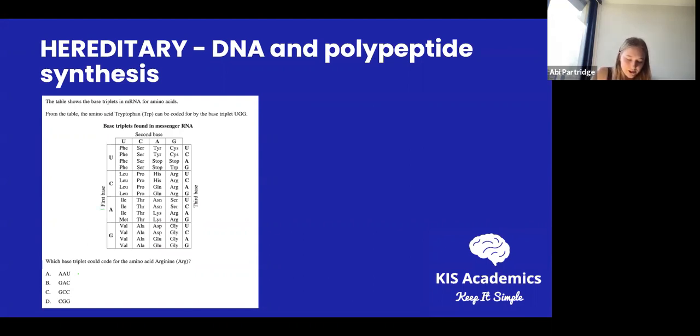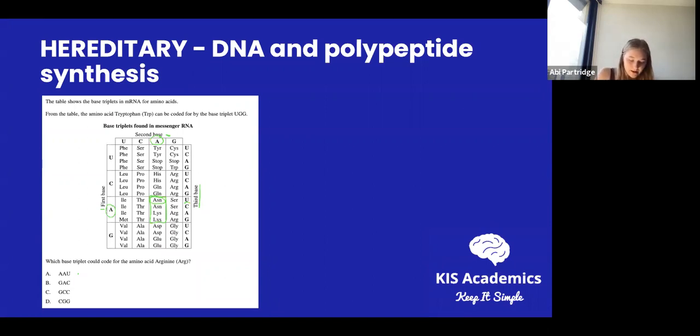The first base that we're choosing is an A. Then we go to the second base up here, A again, so we're somewhere in this box. Then we take the third base, and that's a U. Taking this letter, that would be this. So that's not arginine, so we know that it can't be A.